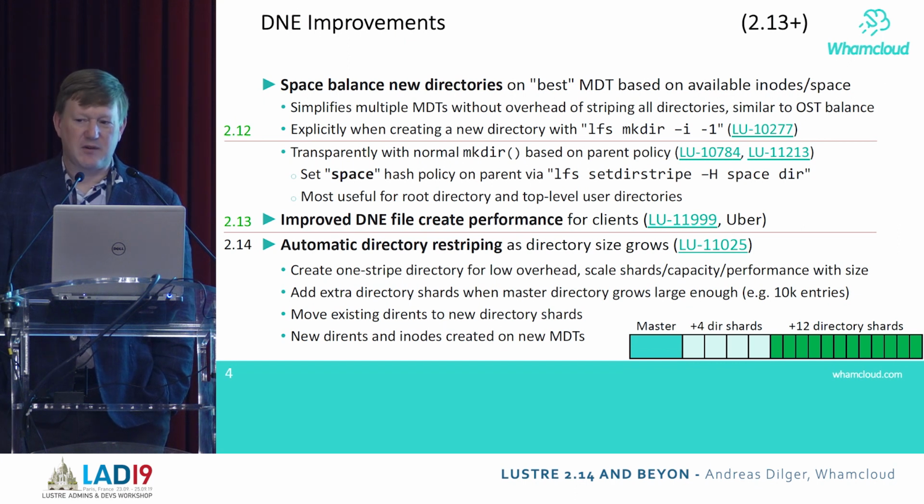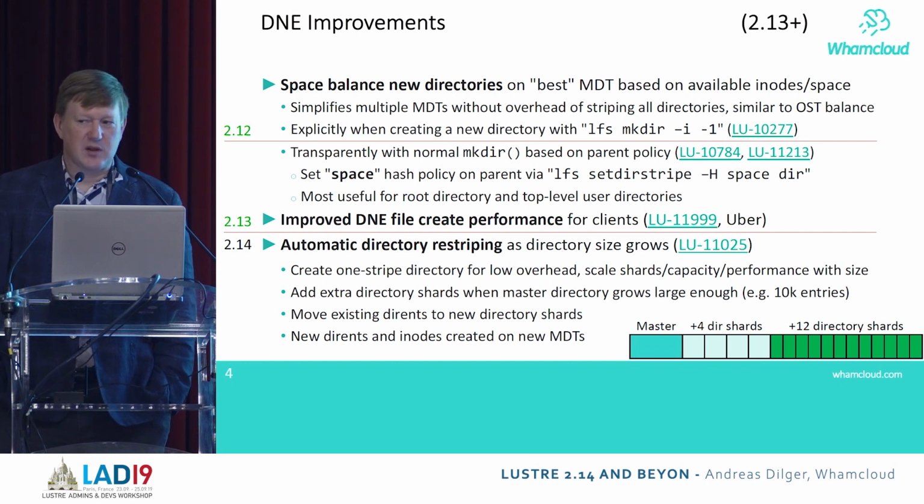And so then you don't have to make a decision at the time that the directory is first created whether it should be striped across MDTs. And the goal, of course, is to better manage space and performance across multiple MDTs in the same way that we do with OSTs, right?